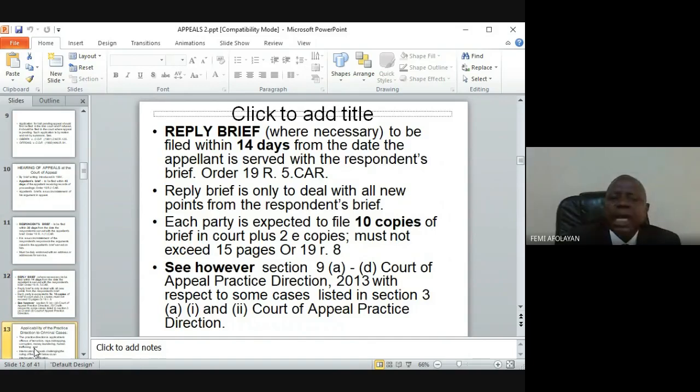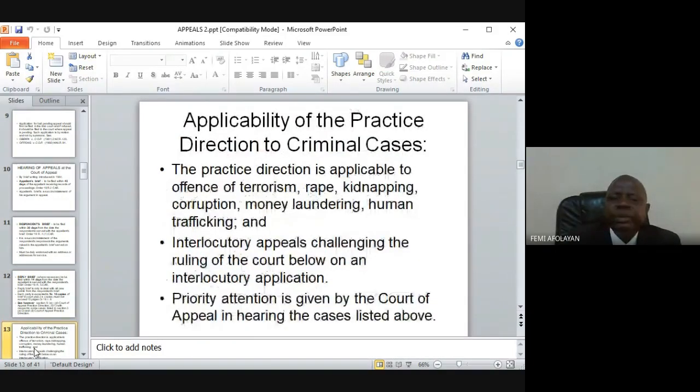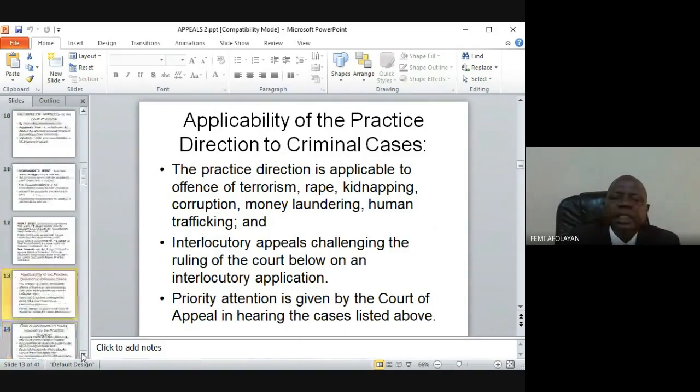Such cases are terrorism, rape, kidnapping, corruption, money laundering, human trafficking, and interlocutory appeals challenging the ruling of the court below on an interlocutory application. In all these cases, priority attention is usually given by the Court of Appeal in hearing them.